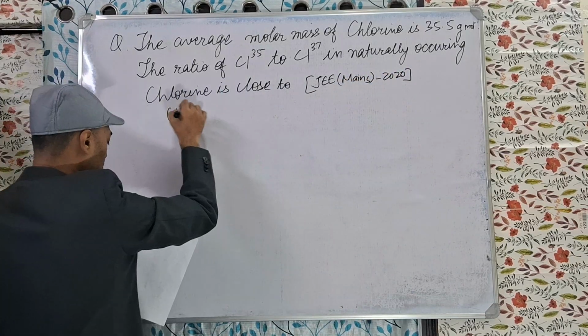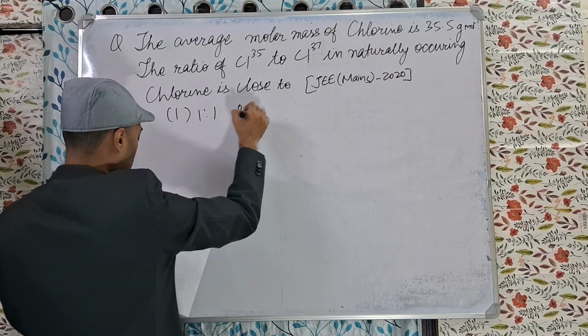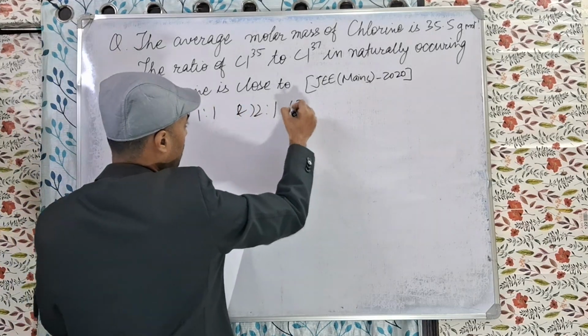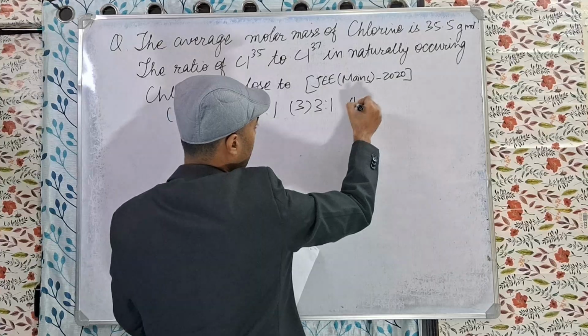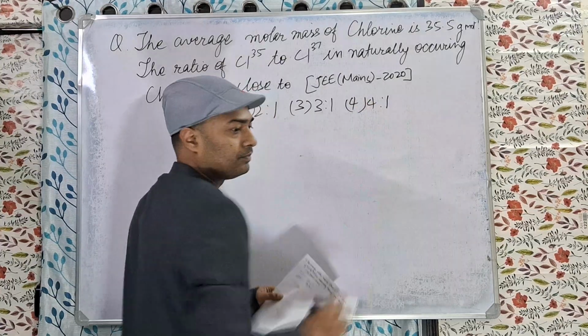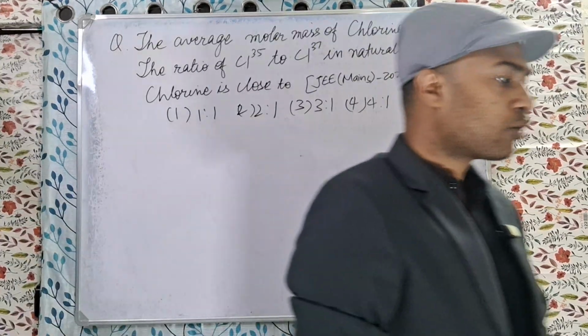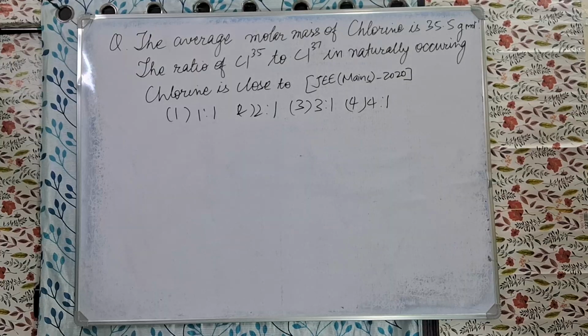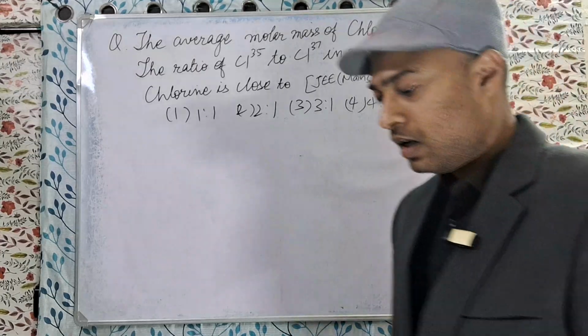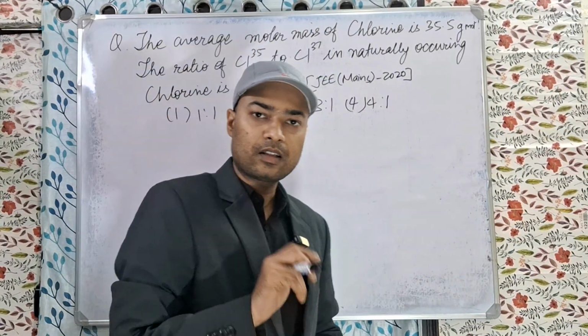Your options are 1:1, 2:1, 3:1 and 4:1. Try to solve it yourself and then we'll solve it together. Solve it yourself and write the answer in the comment box.